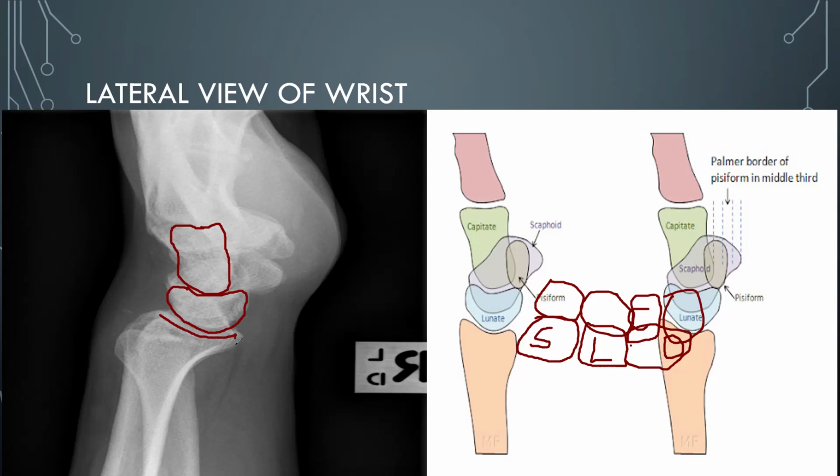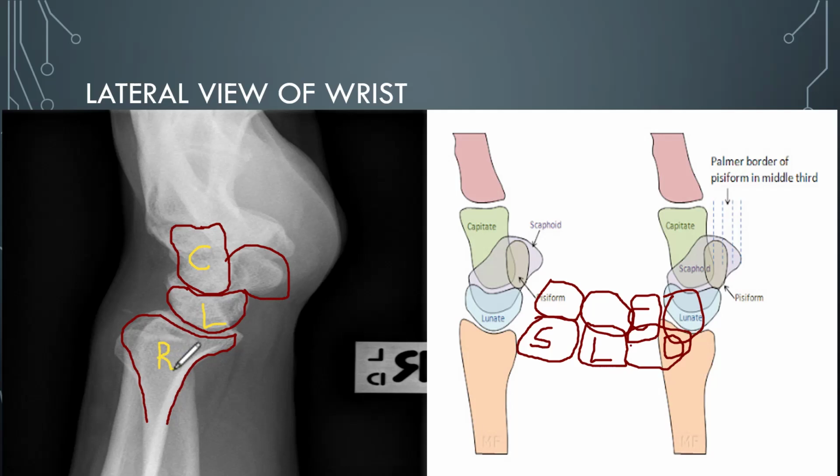Now, without a doubt, you've got a lot of important bones that sit in the wrist, okay? You've got the scaphoid. You can see the scaphoid sort of sticking out over here and coming out. But the main ones that we worry about when we're looking at the lateral are the capitate, the lunate, and the radius that's sitting over here.